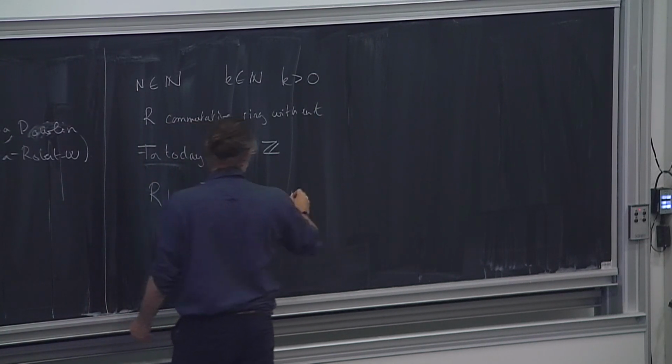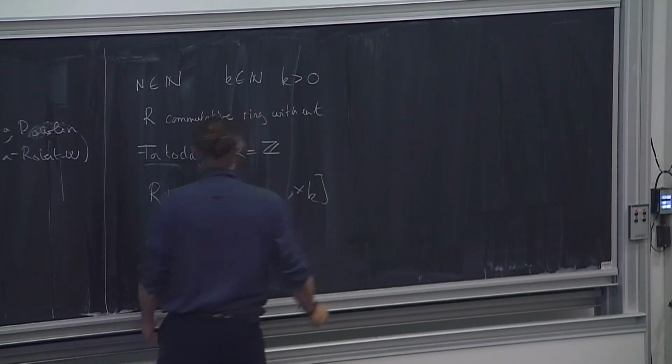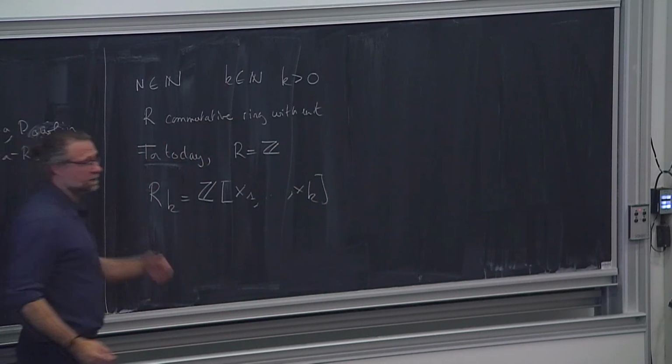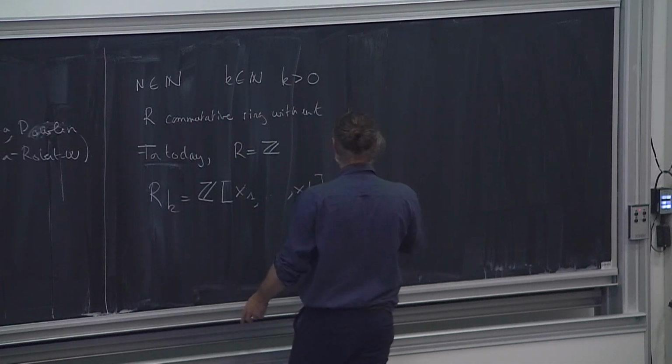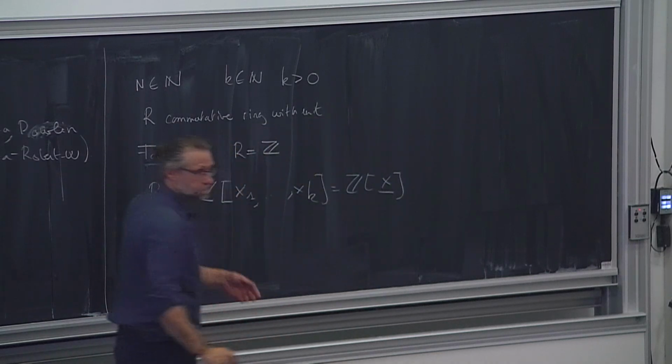So it's a polynomial ring in k variables, and I will also denote it Z[x underline].